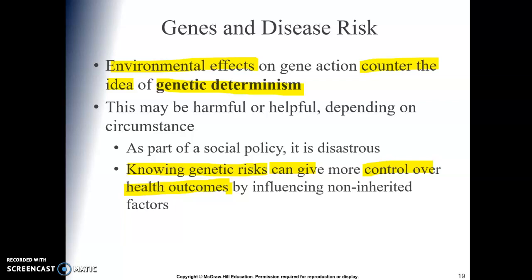The danger, though, is something known as genetic determinism. Genetic determinism is exactly what it sounds like. It's like saying that just because a person has a predisposition for a particular illness, it's automatic that they're going to have that illness.